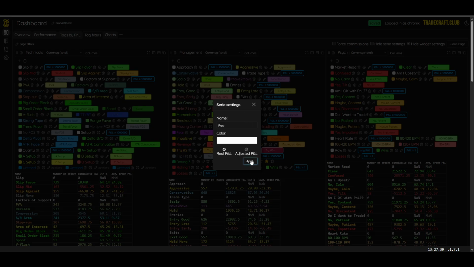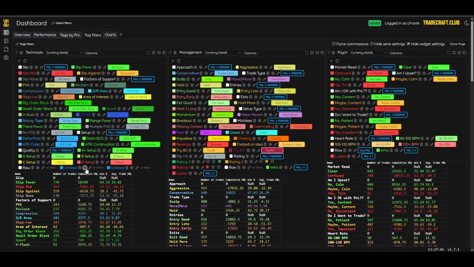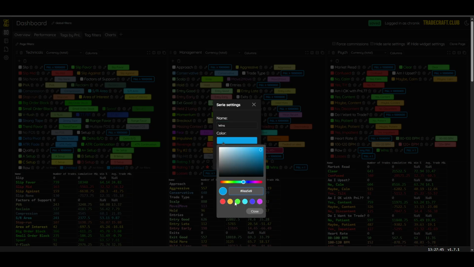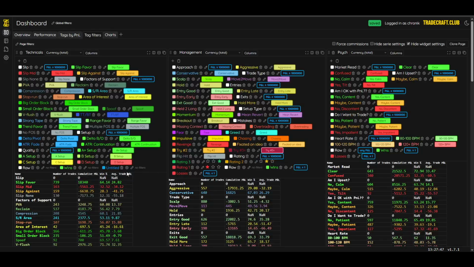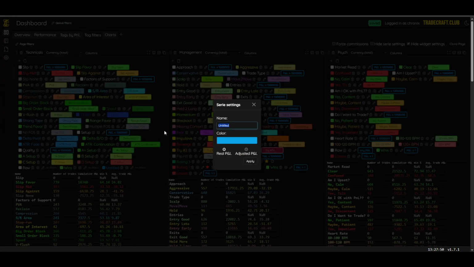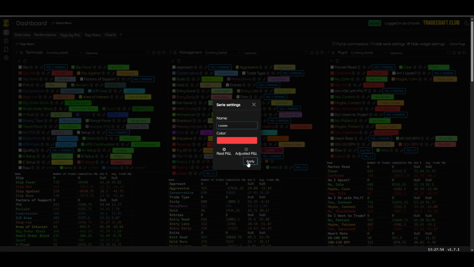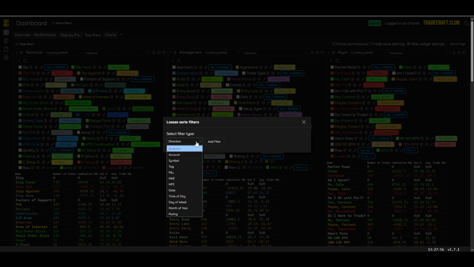Let's see, this might be a better way to do it. Hide that. Hide that. Technical. Technical. Technical.